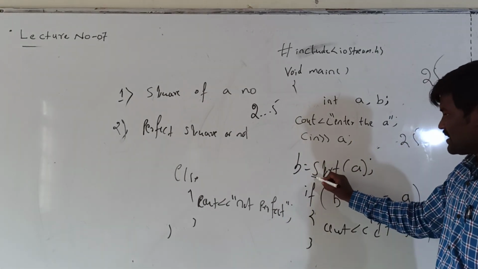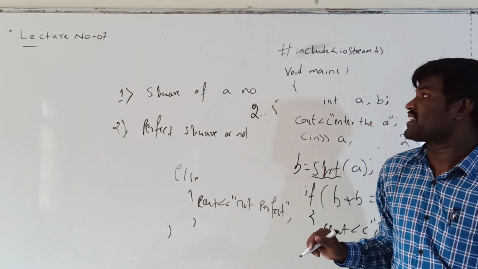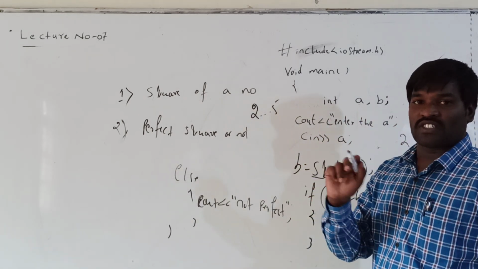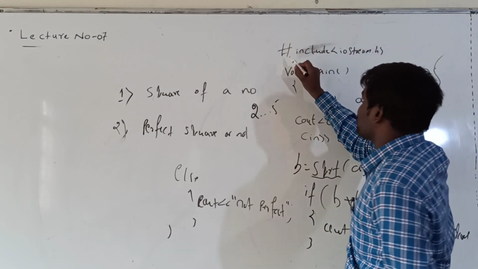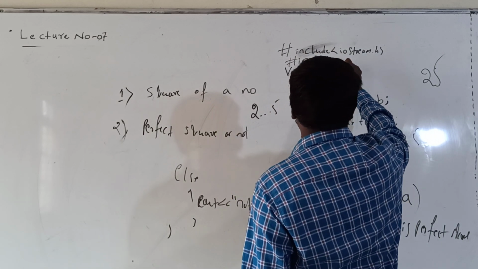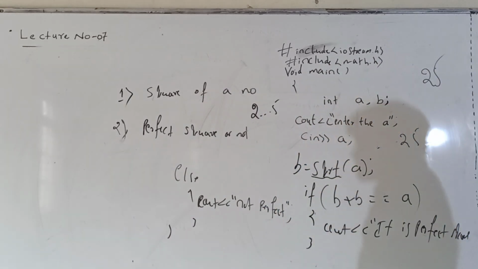And see here, SQRT is used to find the square root of a number. It is a mathematical function, and compulsorily we have to include the hash include math.h. It is not mod.h, it is math.h.